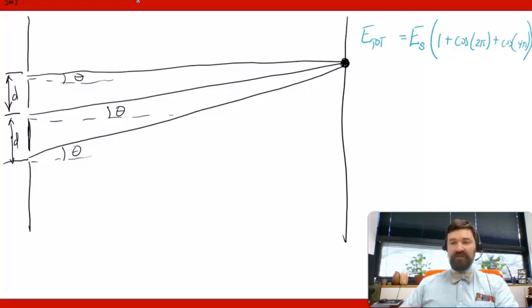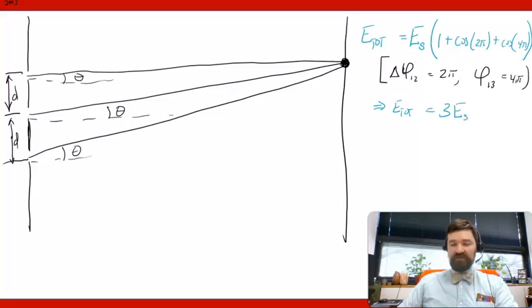This is what it would mean for delta phi between slits: phi 1, 2 is equal to 2 pi, and phi 1, 3 is equal to 4 pi. All right. Well, we know that the cosine of 2 pi and the cosine of 4 pi are both equal to 1, and so you'd end up with E total is equal to 3 times E slit.